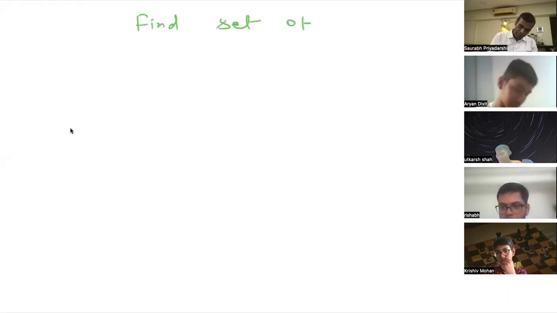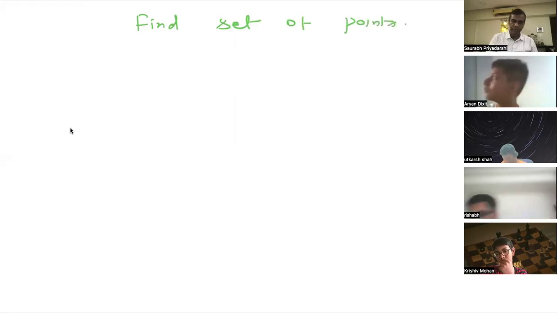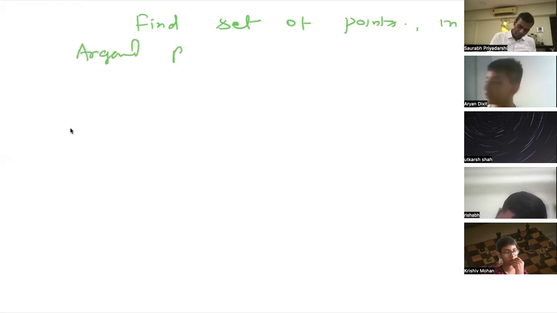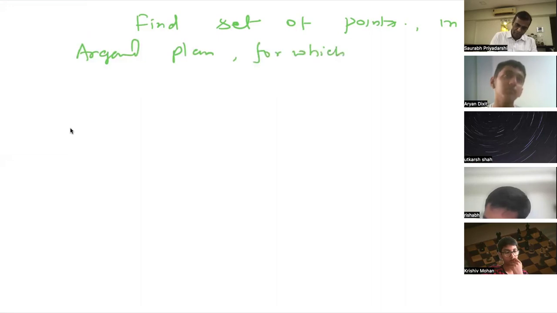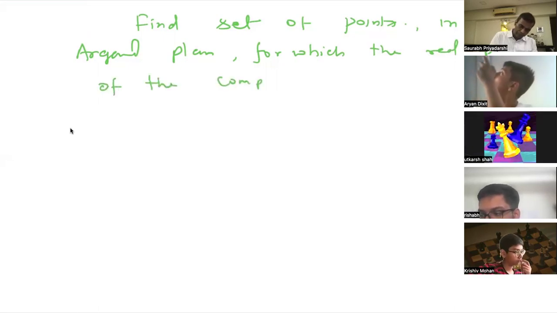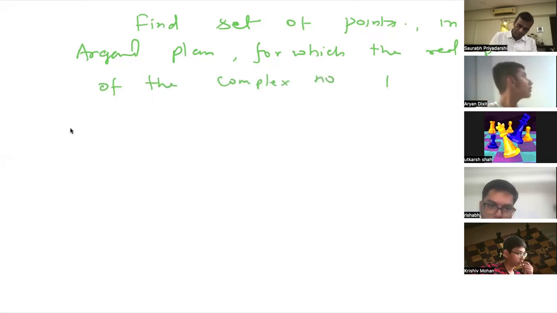Find the set of points in the Argand plane for which the real part of the complex number (1 plus i) times z square is positive.